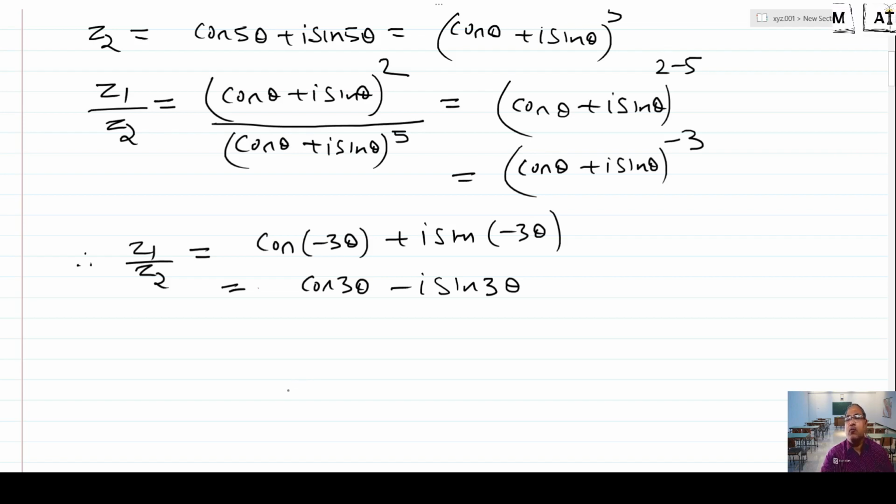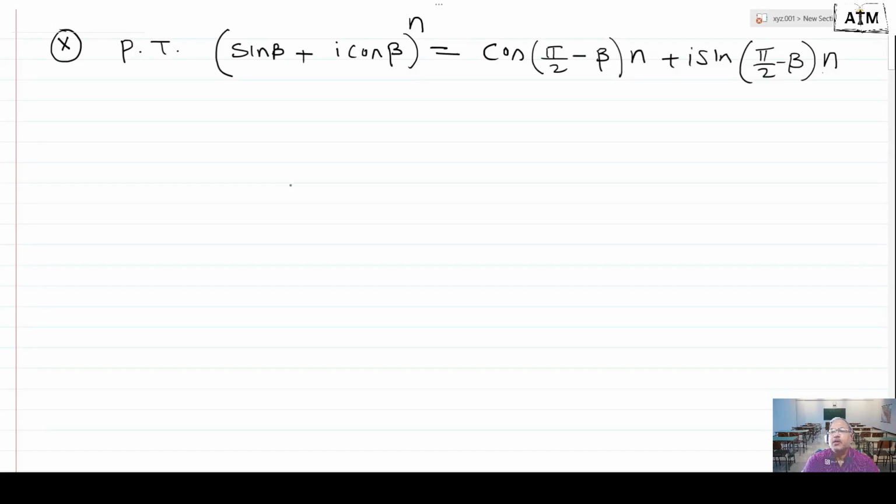Let us take some more complicated problems on the basis of De Moivre's theorem. Prove that (sin beta + i cos beta) raised to n equals cos (pi by 2 minus beta) n plus i sin (pi by 2 minus beta) multiplied by n. Now, first of all, we need to convert this sin beta into a cos term, and this cos beta has to be converted in terms of sin.